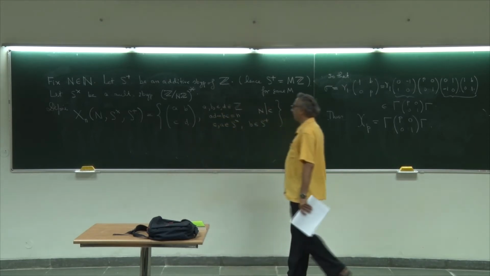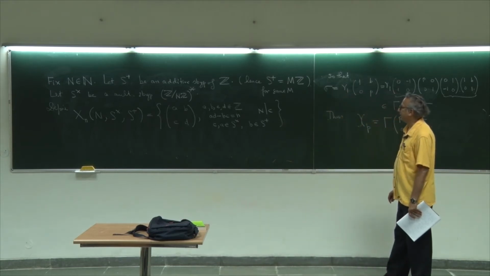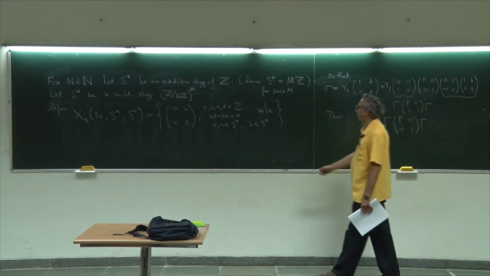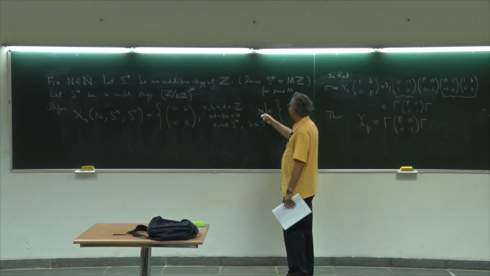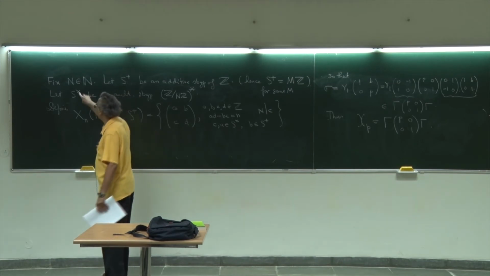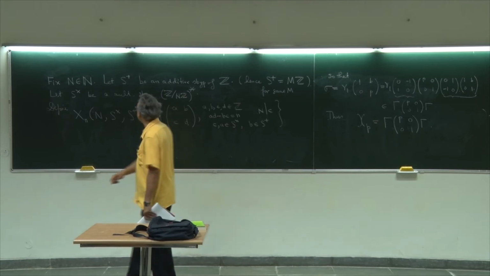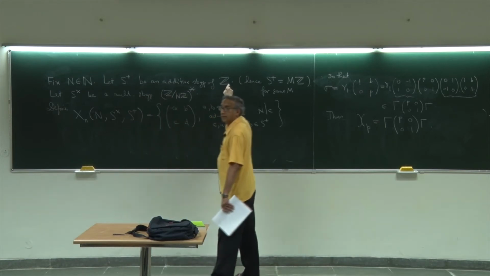So this is the collection of integer matrices A, B, C, D such that the determinant is n. The first column, A and C, are sitting inside S^×, and B is sitting inside S^+, and N always divides C. But S^+, I'm not particular about.